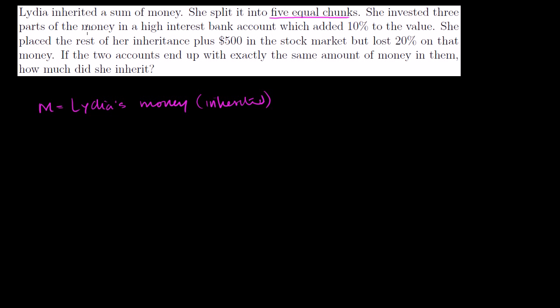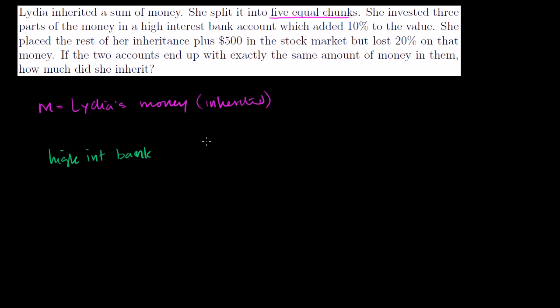She invested 3 parts of the money in a high interest bank. So how much did she invest in the high interest bank? She divided it into 5 equal chunks, and she invested 3 of those chunks into a high interest bank account.